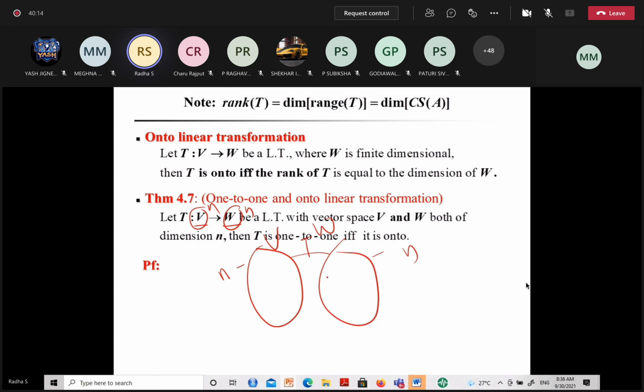So whenever T is 1 to 1, I can very well say T is onto. You need not check whether T is onto. And whenever T is onto, you need not check, T will be 1 to 1. If one holds good, the other will automatically hold good. But the common condition is both the vector spaces should have the same finite dimension. And if one property holds good, the other property will come.